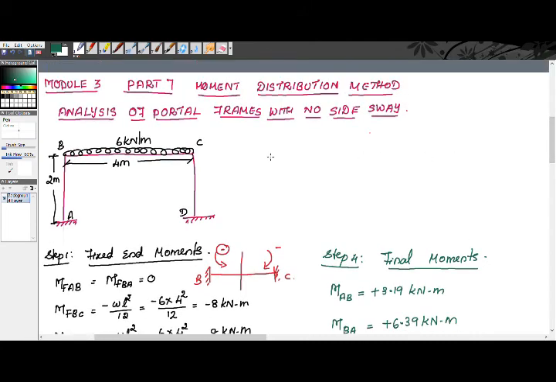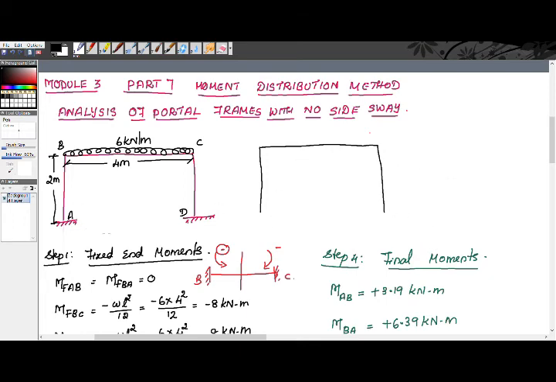First of all, we will draw the bending moment diagram. So this is our portal frame ABCD.